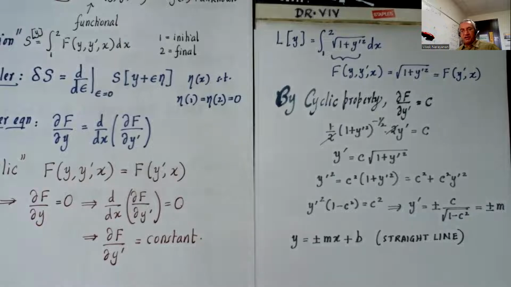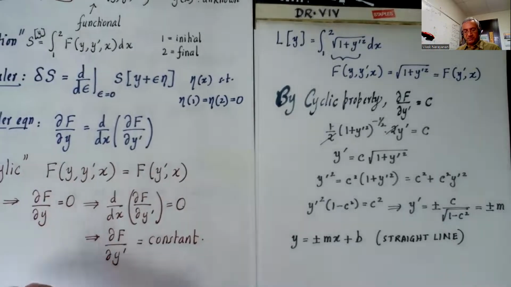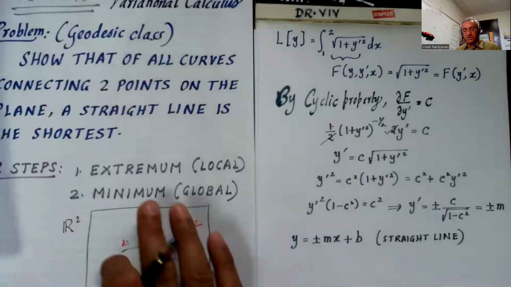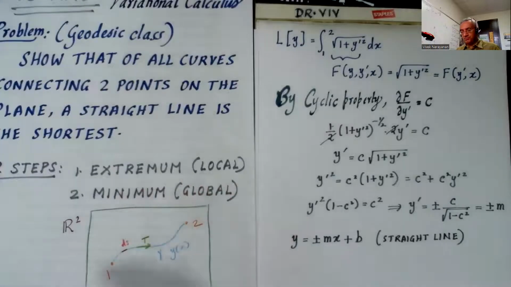Now, in any variational calculus problem, it's good to have the local solution. So what we have done is basically found the extremum or the local solution, which is that of a straight line. We have to do two things now. We have to use the boundary conditions between 1 and 2 to actually solve for the constants m or plus or minus m and b. That's the first thing.